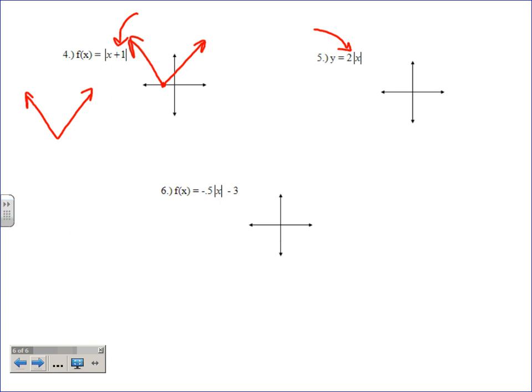I want you to try number 6 for tomorrow on your own. Did I move it up or down or anything because of this 2? Right or left? No, that's just going to make the y value twice what it was before, right? So just kind of exaggerate it. Well, maybe not quite that much, but exaggerate it, saying that V would be stretched up this way, be taller, right? And that might be too much of an exaggeration there, but you get the idea. And then try number 6 for tomorrow.